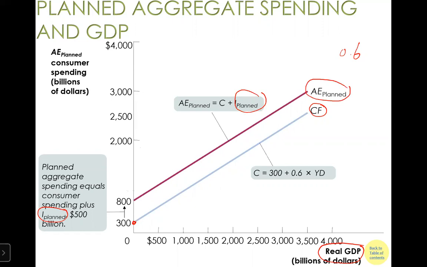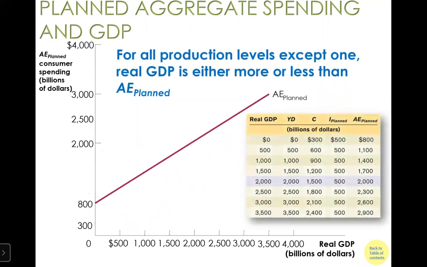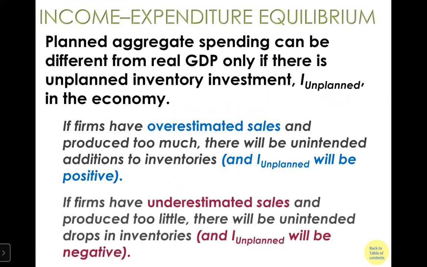It depends on the level of disposable income, which equals real GDP. So the economy is going to have aggregate expenditure following this purple-red or brown-red line. This is how the economy is going to behave.